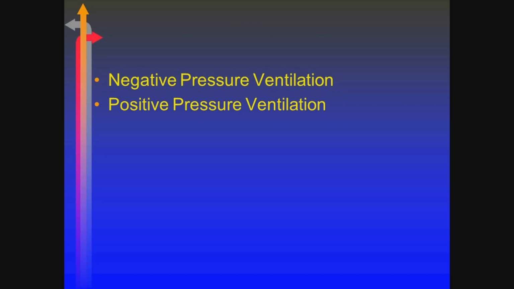Not only can we talk about volume versus pressure-based breaths, we can also talk about negative versus positive pressure. Virtually all the stuff we're going to encounter in ICUs these days are positive pressure breaths, but negative pressure was an option that we had also.